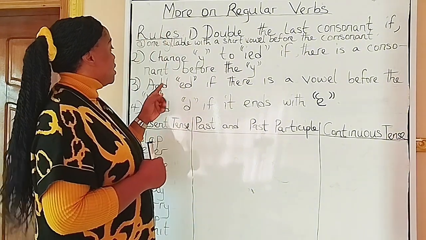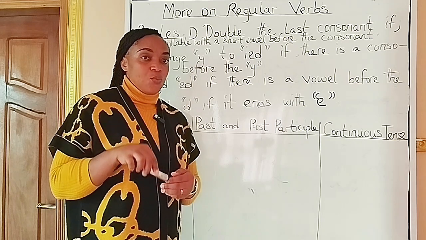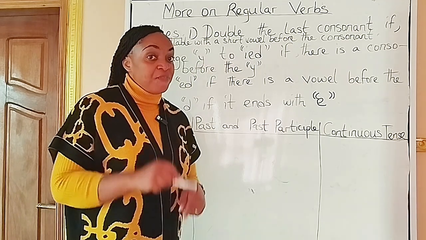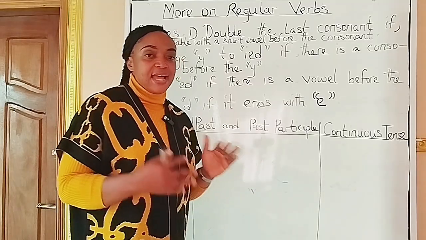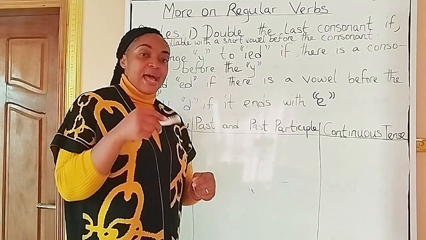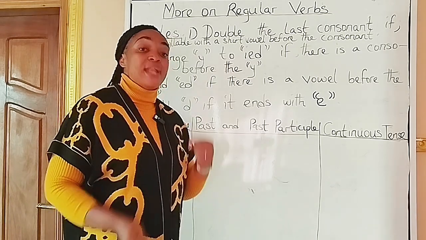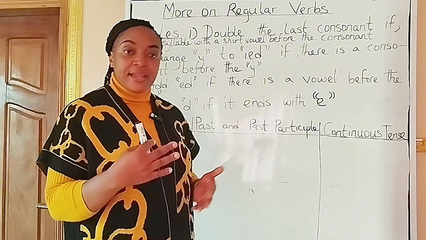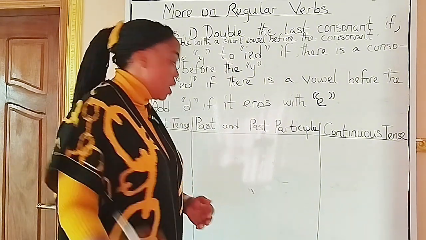And the other rule is, if it ends with Y but has a vowel before the Y, then you add ed. So when you have a verb that ends with Y that has a vowel before the Y, you add ed. And when it has a consonant before the Y, you remove the Y and add ied as the past tense and past participle of the verb.